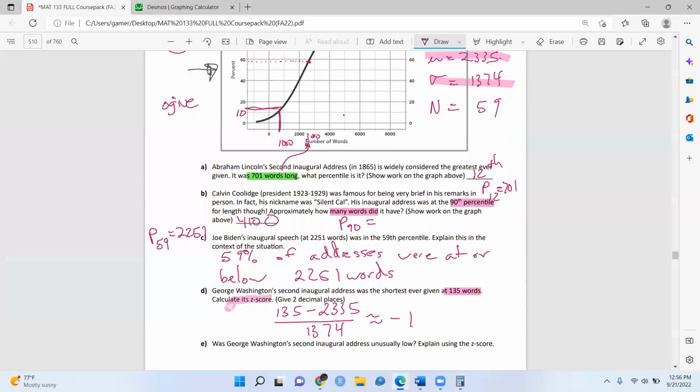Negative 1.60, is that what y'all got? I'm not giving you all much time to work on it because we're close to the end here, unfortunately.